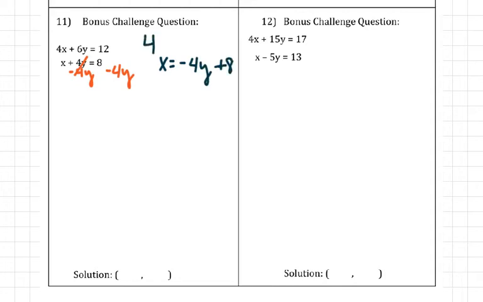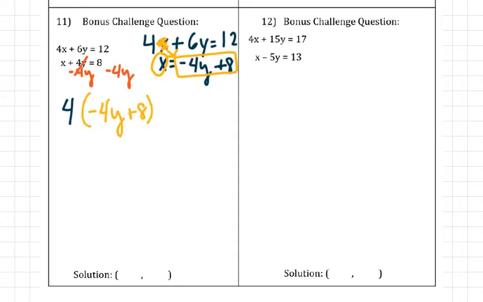I rewrite the top equation that was in standard form, 4x plus 6y equals 12. Now I'm ready to substitute because I have a letter that's by itself. In the original equation, I'm going to write a 4, but instead of this x, I'm replacing it with what it says x is, negative 4y plus 8, plus 6y equals 12.